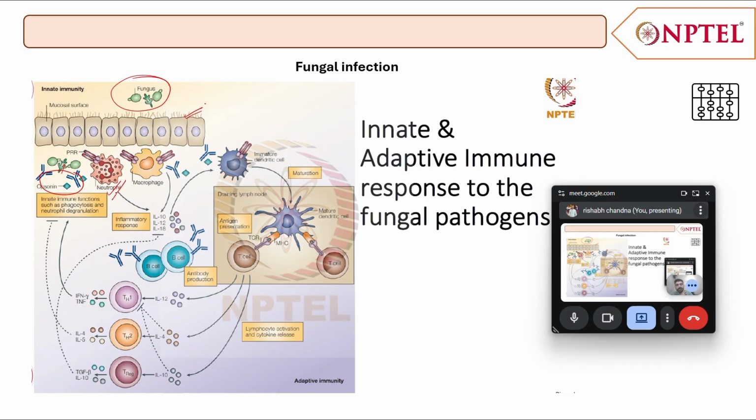The neutrophils come into play. Okay, the innate immune functions such as phagocytosis and neutrophil degranulation take place. Then they release inflammatory cytokines IL-10, 12, and 18 for the dendritic cell to get maturation, and then they mature in the lymph node.